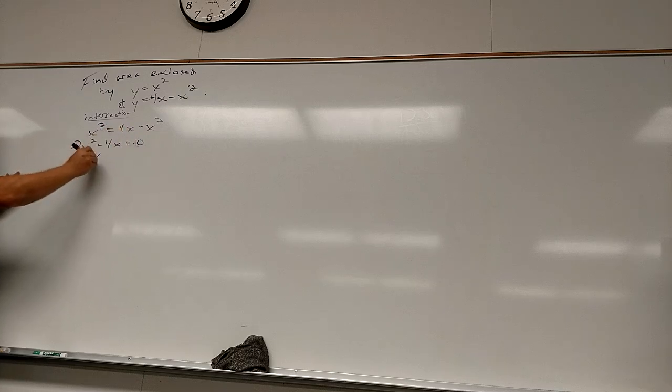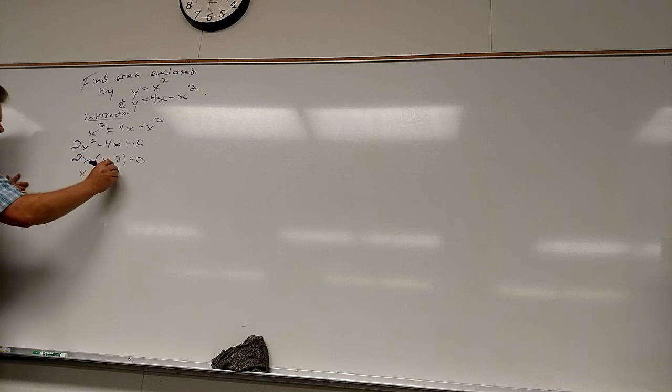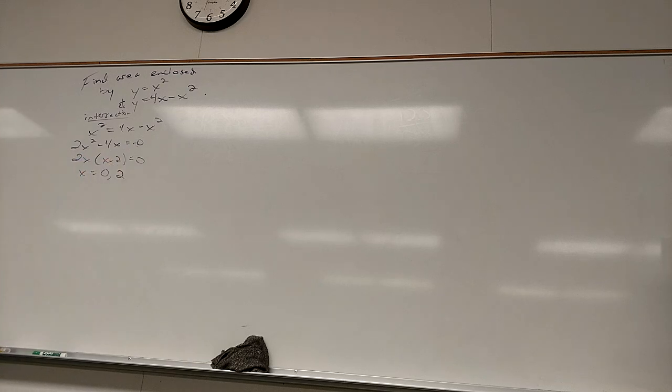Take out a 2x, so you get x equals 0 and 2. That's nice. It's nice and 0 and 2, they meet.